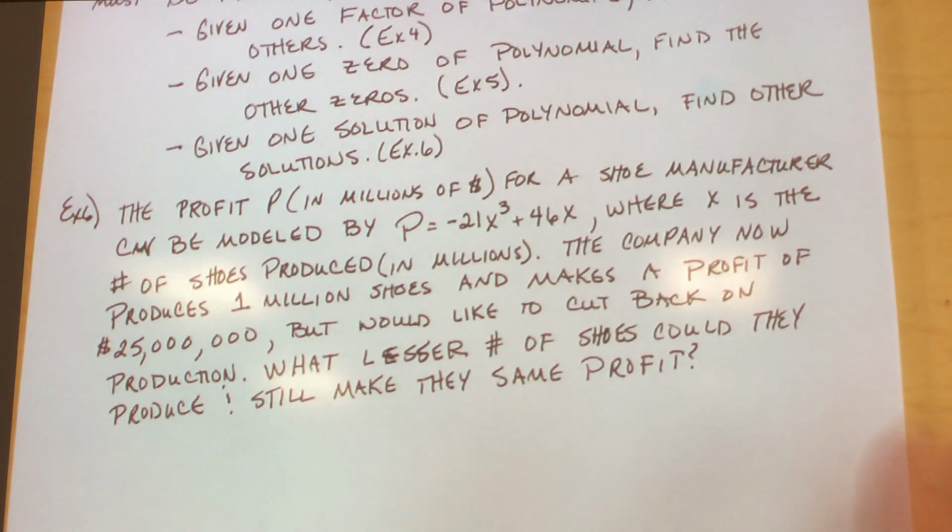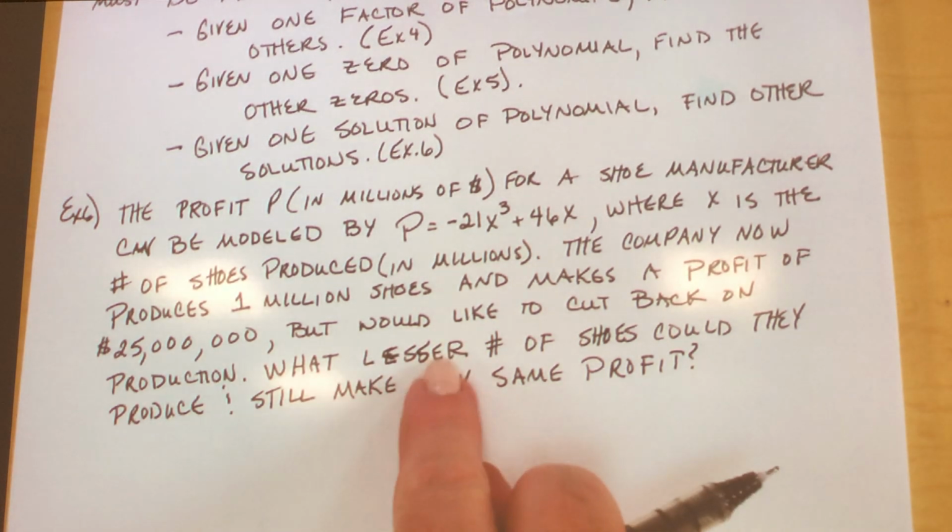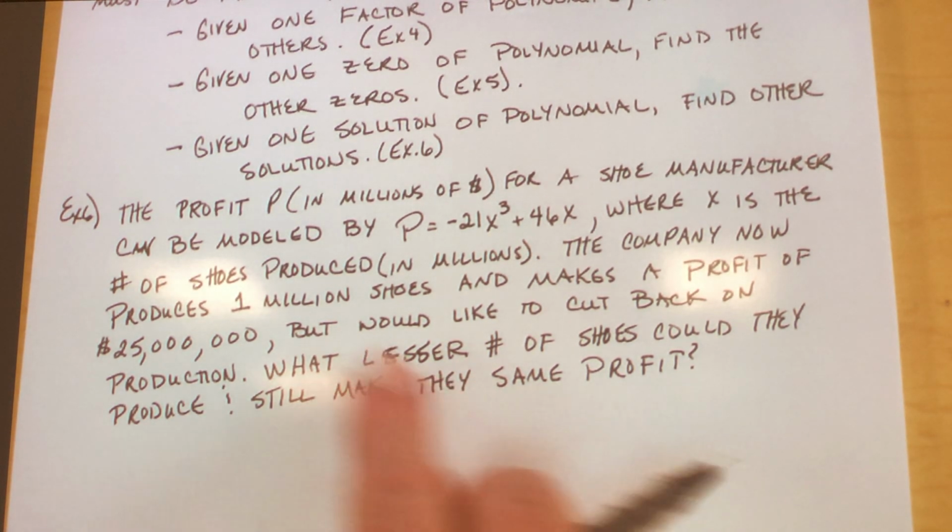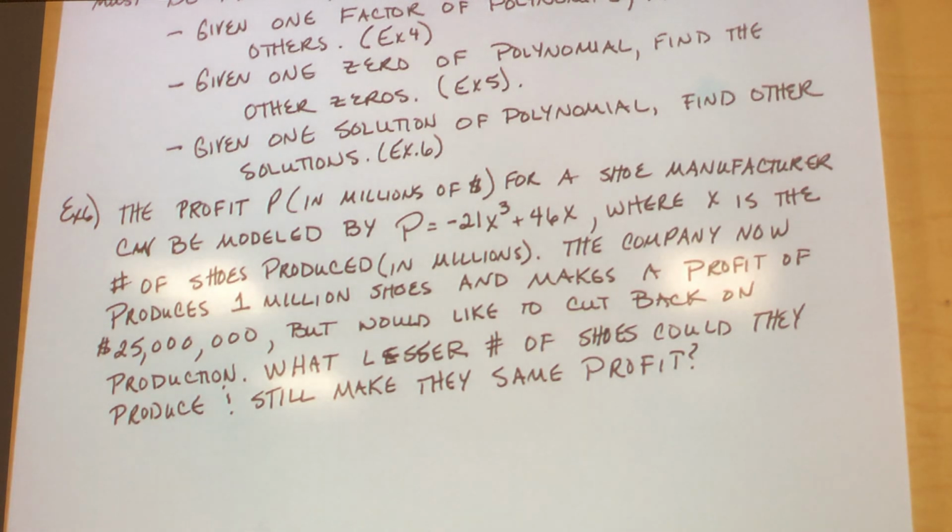I'm having a hard time writing that word. Okay, so they're asking, can I make lesser shoes and still make my $25 million? Does that seem possible? That's pretty cool, y'all.